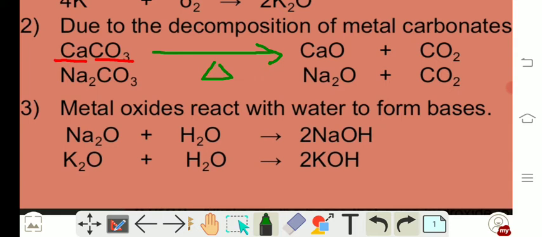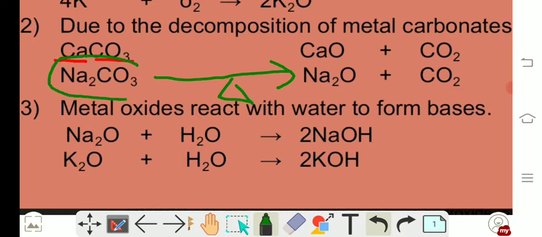Similarly, we give an arrow to this one. In a reaction there must be an arrow. Sodium carbonate, see here.